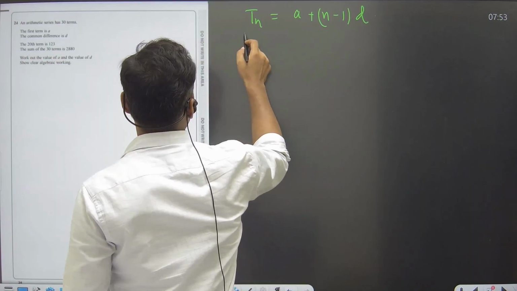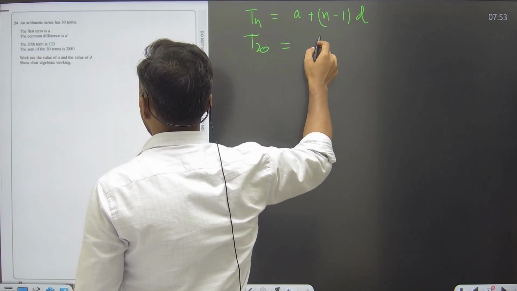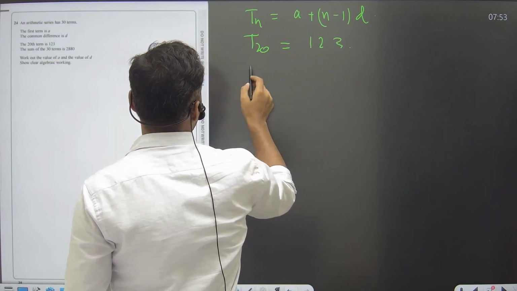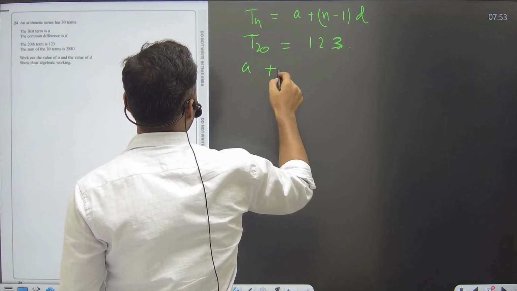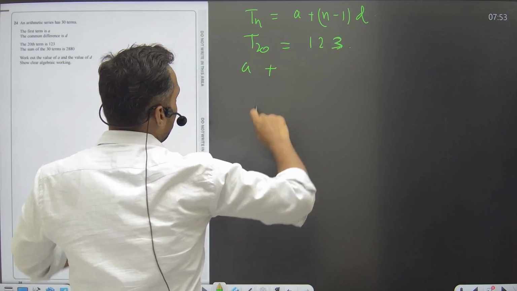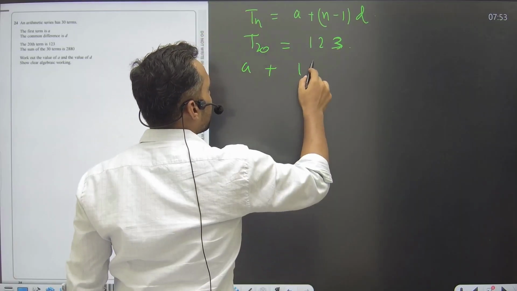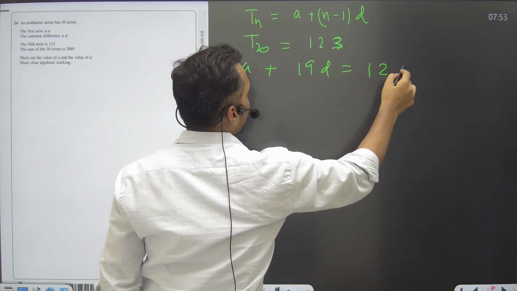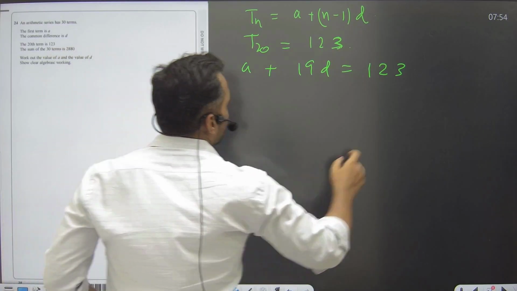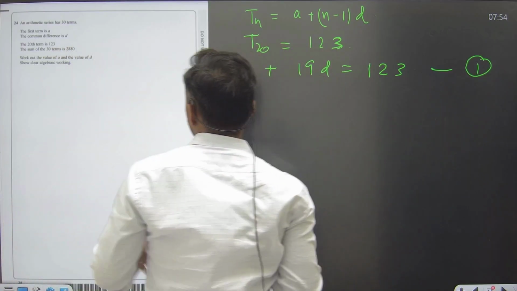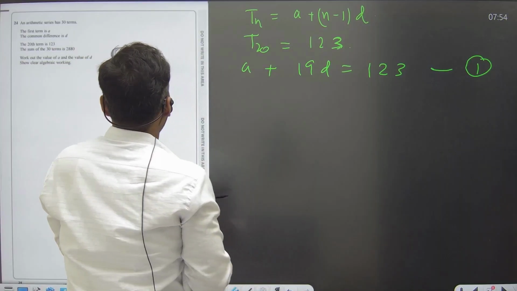So the 20th term here is given as 123. When you plug in n equals 20, you will get a plus 19d equals 123. Let's suppose this is the first equation. Now the sum of the 30 terms is 2880.